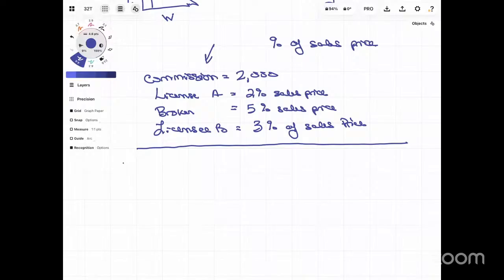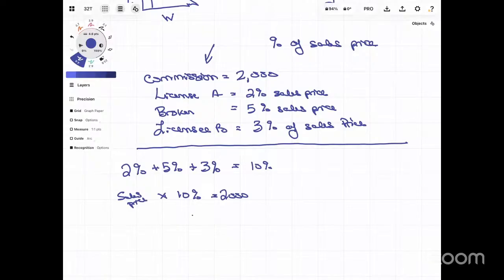So altogether, 2% of the sales price went to licensee A, 5% went to the broker, and 3% went to the other licensee. That's a total of 10%. So we know that $2,000 is going to be 10% of whatever the sales price was.